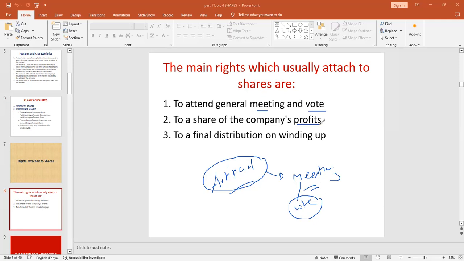In terms of profits, if the company makes profit, because it's not a must for a company to make profit. In fact, sometimes, think of it this way. Look at the example here. Let's say you have a company, ABC Limited, and you have the corporate tax here, 30%.